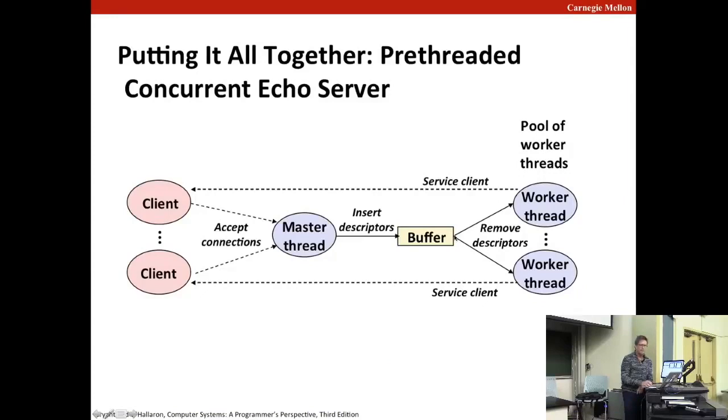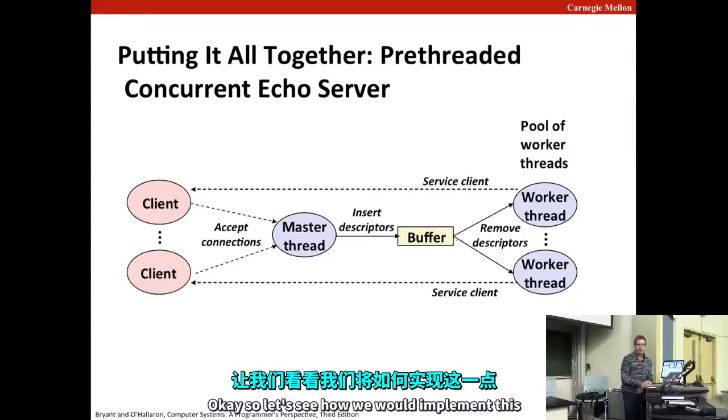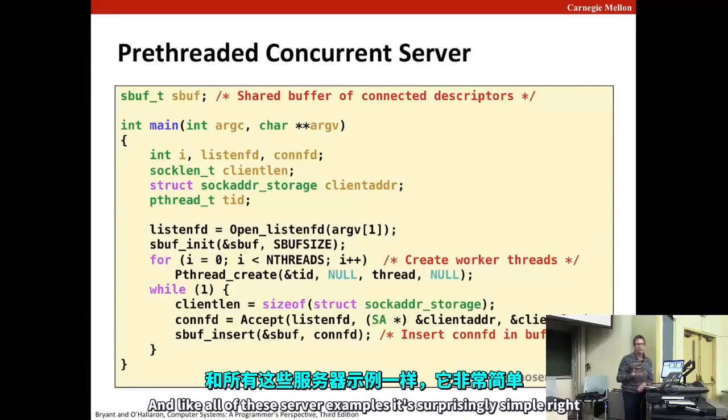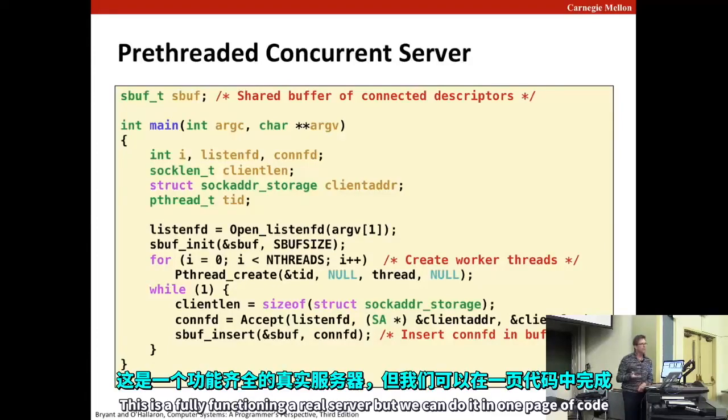Okay, so let's see how we would implement this. Like all of these server examples, it's surprisingly simple. This is a fully functioning, real server, but we can do it in one page of code.